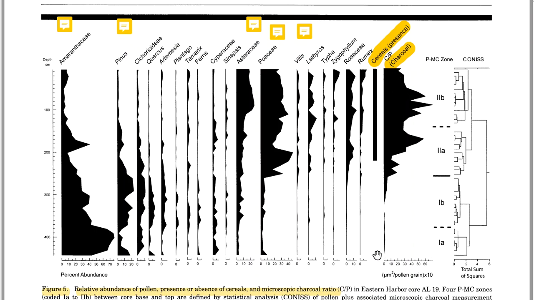So down here at the bottom, in the early period of Egyptian history, there's no charcoal. Then all of a sudden, you get this big increase in charcoal. It comes at the same time as the cereals. It comes at the same time as the grapes being grown. Now, charcoal is the remains of plants that have been burned. Sometimes you can get natural forest fires and so on.